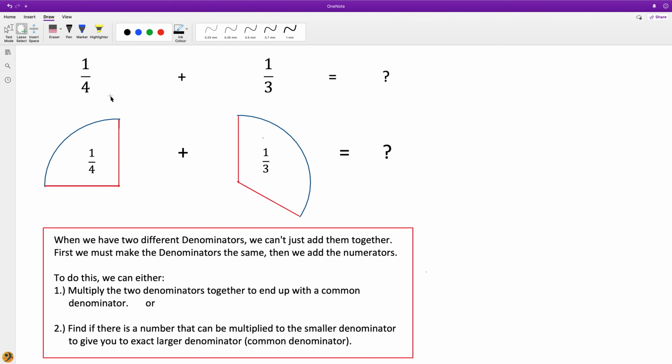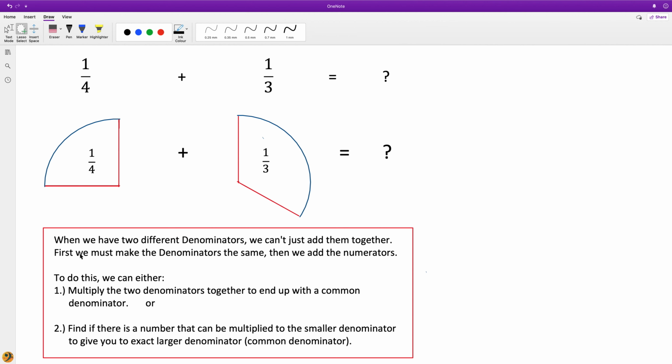In this example we have 1/4 again this time, plus 1/3. If we graphically have a look at that, you can see that quite obviously you can't just add a quarter of something to a third and get a straightforward answer.